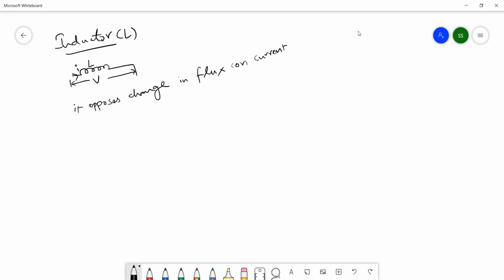Current is an electrical parameter, whereas flux is, as in physics, magnetic flux. Full stop.